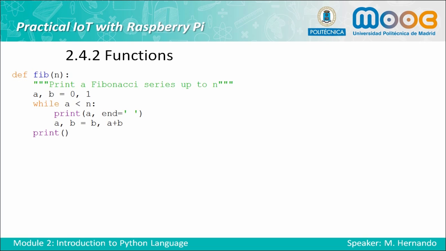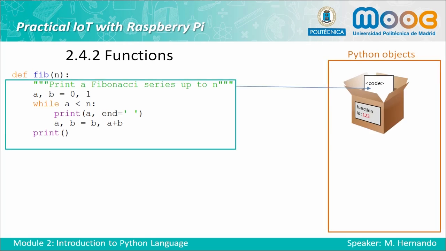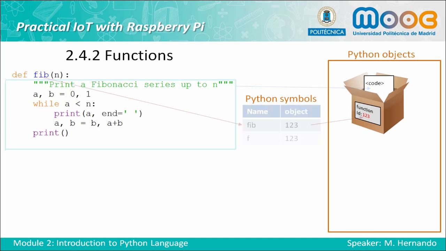A function definition introduces the function name in the current symbol table. The value of the function name has a type that is recognized by the interpreter as a user-defined function. So yes, a function in Python is like any other object of Python, and therefore the name of a function is only a label bound to it.